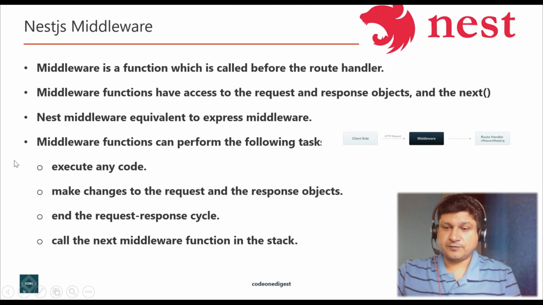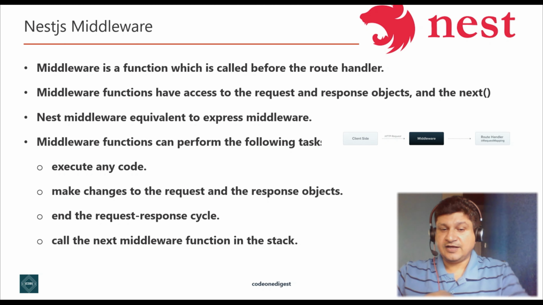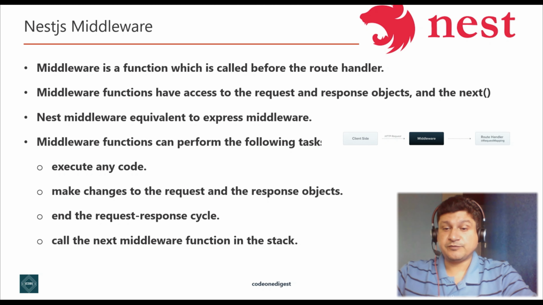Middleware functions perform the following tasks, like execute any code. We can write any logic in middleware that we want: modify a request object or response object, or scan the request object for any special characters, or perform a CORS check, or perform an authentication check on incoming requests. So all of that we can do in middleware.